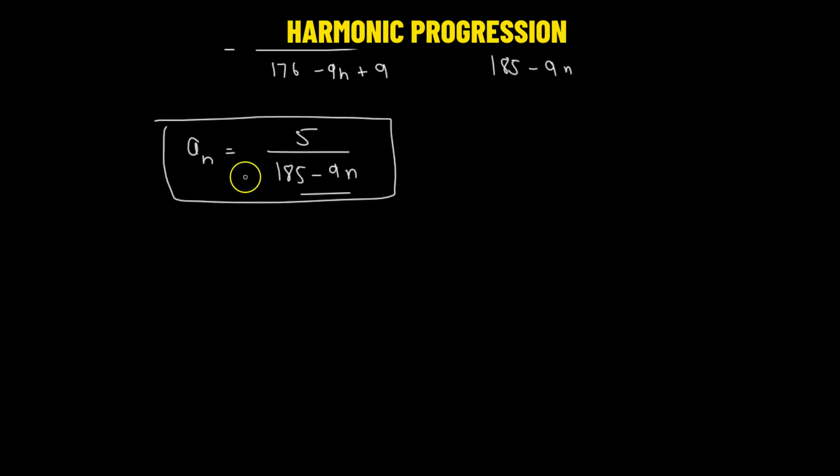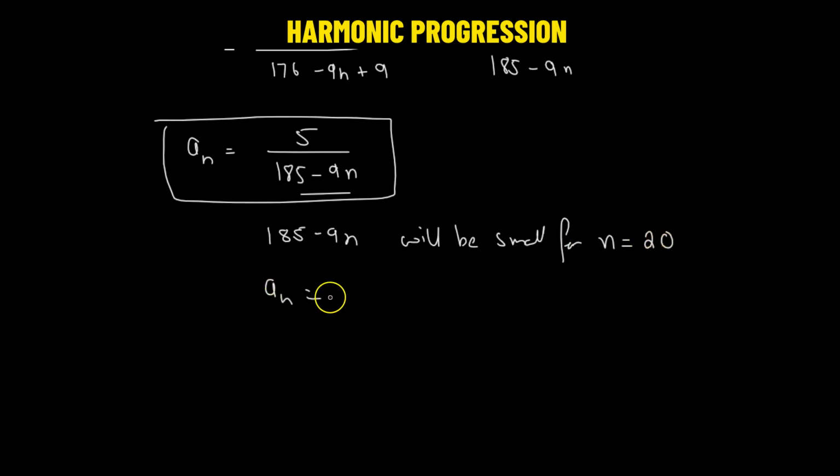In order to make the nth term as large as possible, the denominator has to be as small as possible. So 185 minus 9n will be smallest for n equals 20. If we take n equals 20, then a_n is 5 over 185 minus 9 times 20, that's 5 over 5, which is 1.